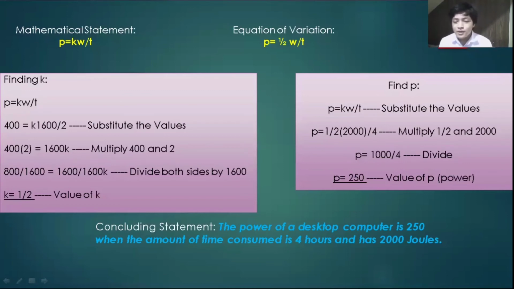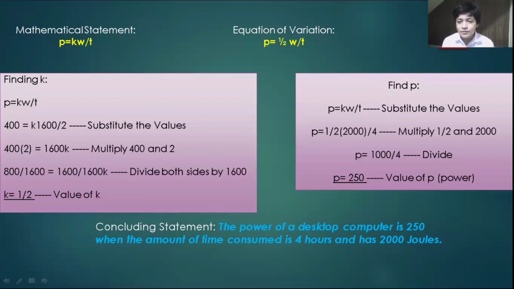So here we are finding the value of power. To find P, we use the formula again: P equals KW over T. Then we substitute the values: K, which is the constant of variation, is now 1/2, W is 2000, and 4 is the time.